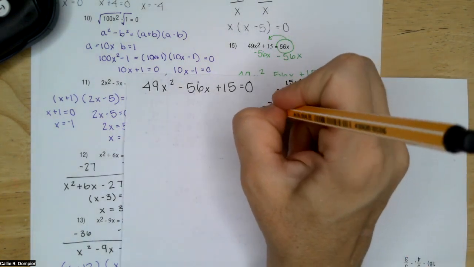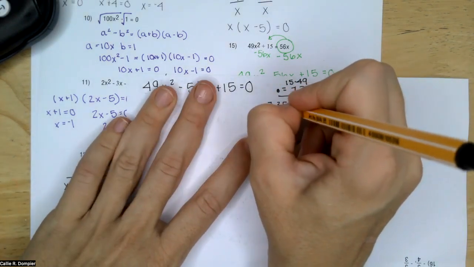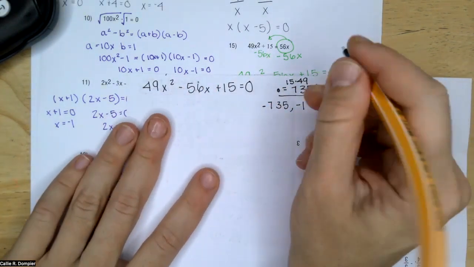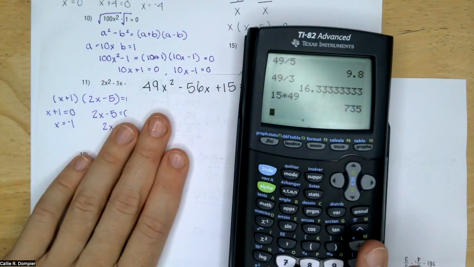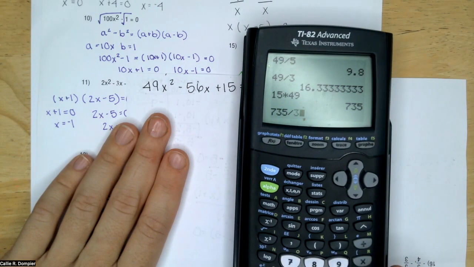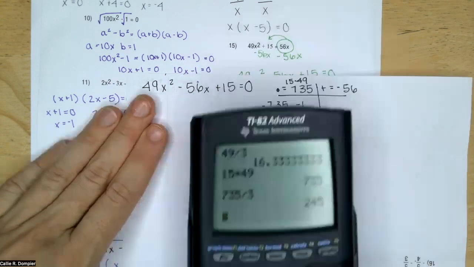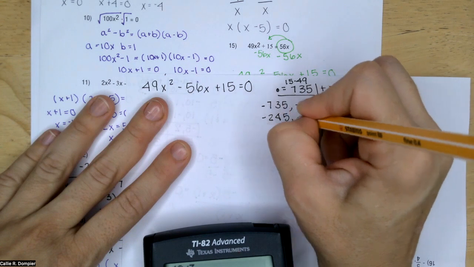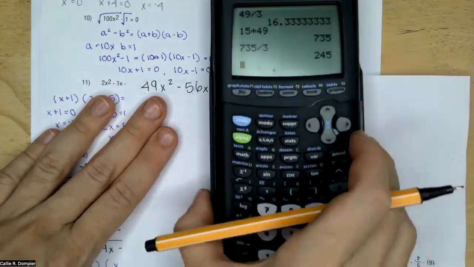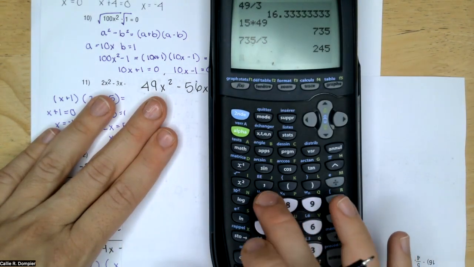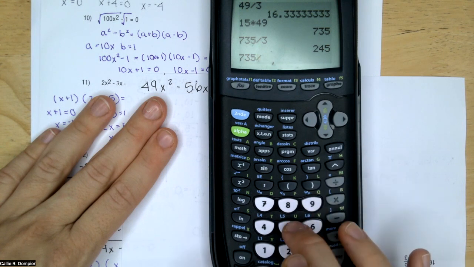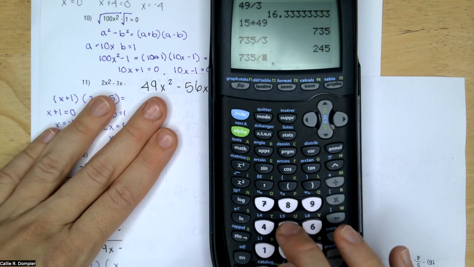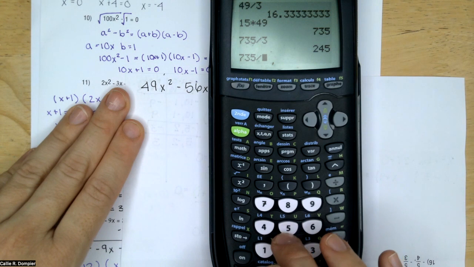So negative 735, negative 1. 735 divided by 2 is not going to work because it's an odd number. 735 divided by 3, 245, negative 245, negative 3. 735 divided by 4, it won't work because it's even, and 735 is odd.